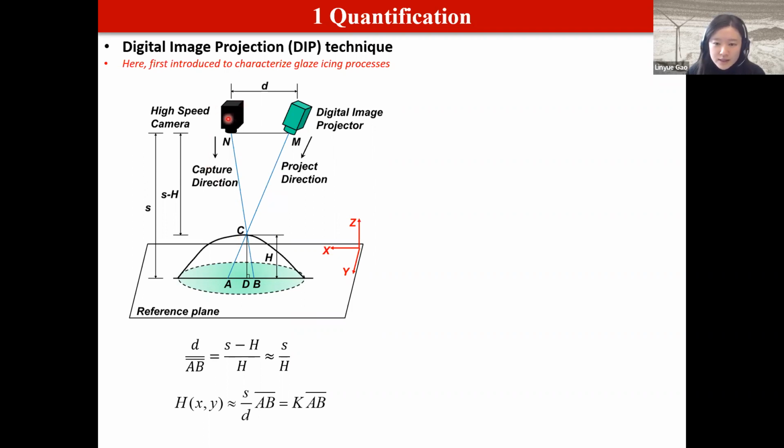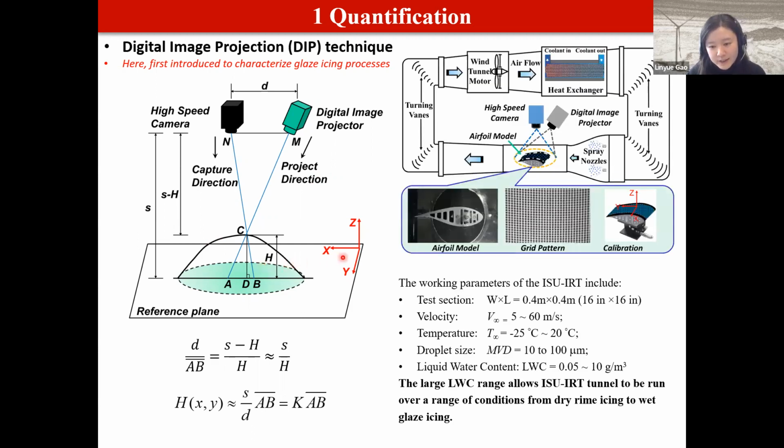We use a digital image projector to project grid patterns onto the reference plane, and we use a high-speed camera to record the projected image patterns. If there's an object on the reference plane, the grid patterns will be deformed. The deformation has a linear relationship with the thickness of the object.